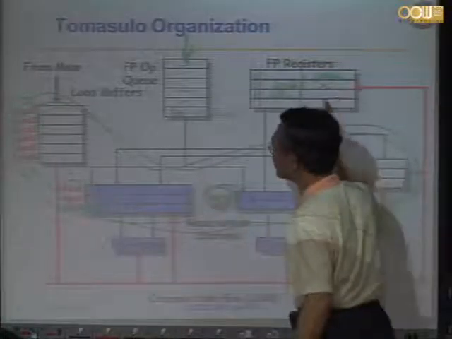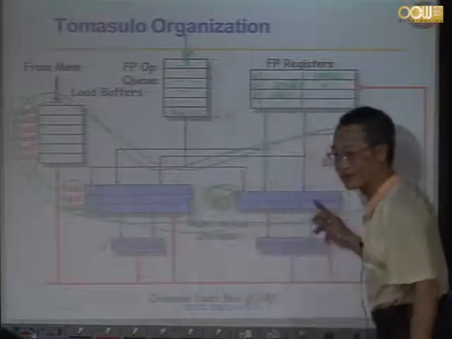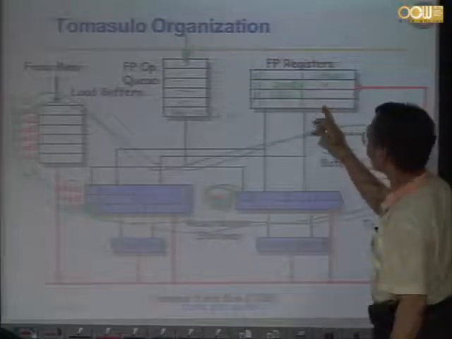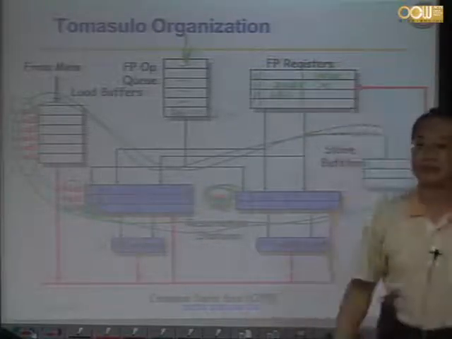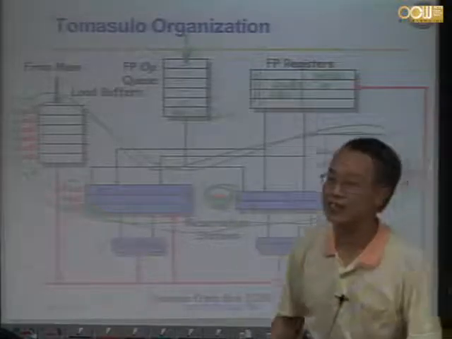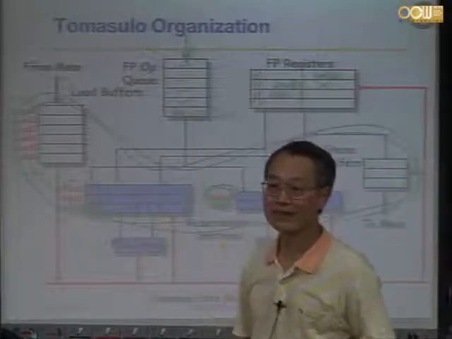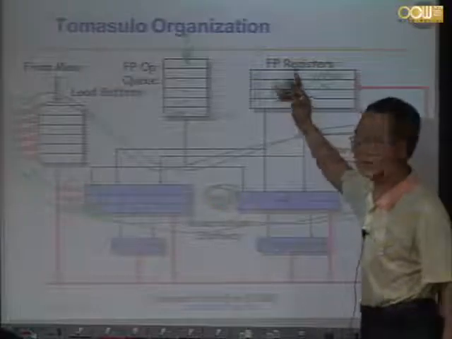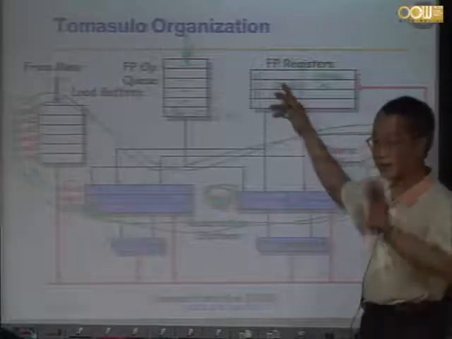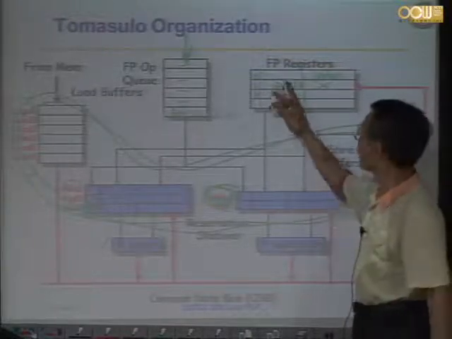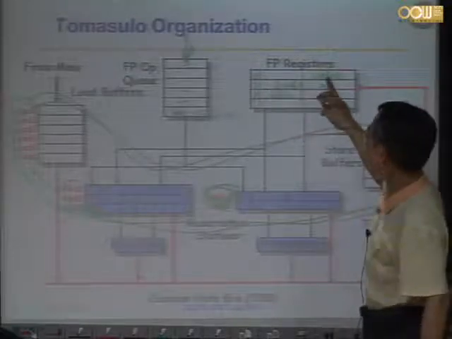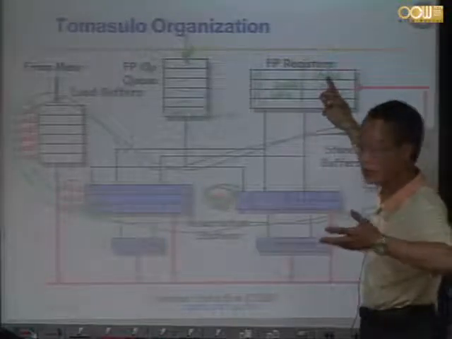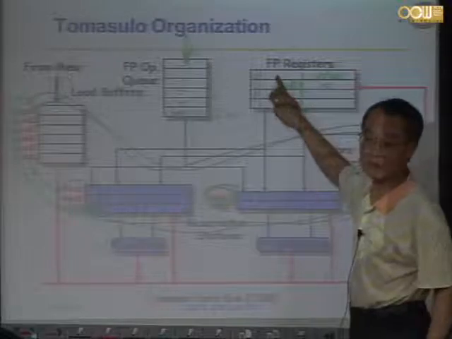R2 could be renamed to anywhere here. R0, R1, R3 as well, depending on your needs. This is like the renaming table, but not all. It only says whether I have the valid most updated value or who the most recent updater is.